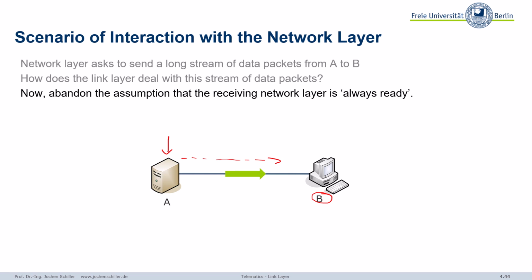That means maybe I cannot consume the data. Data comes in, and in our simple example, we directly forward the incoming data from the physical layer to the network layer, so layer 1 to layer 3.